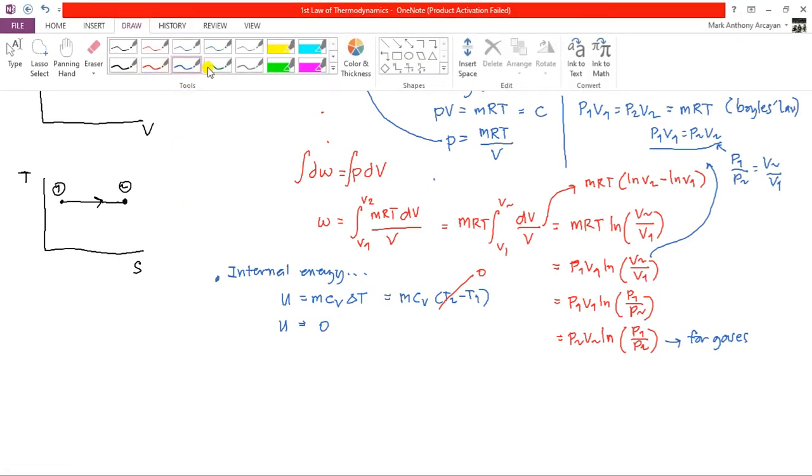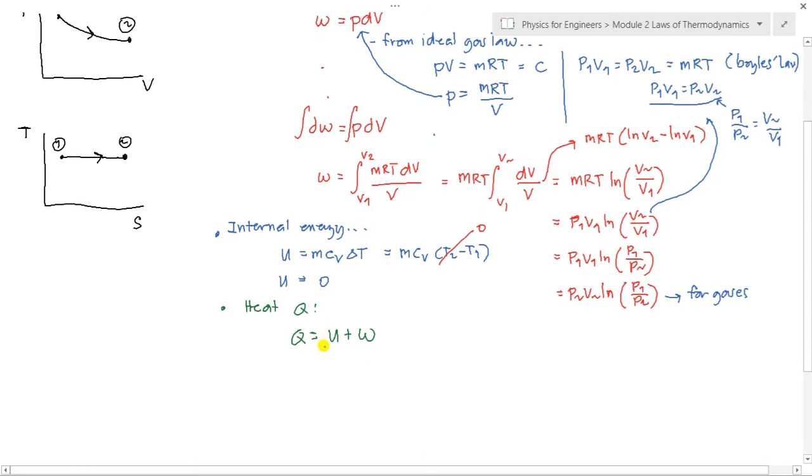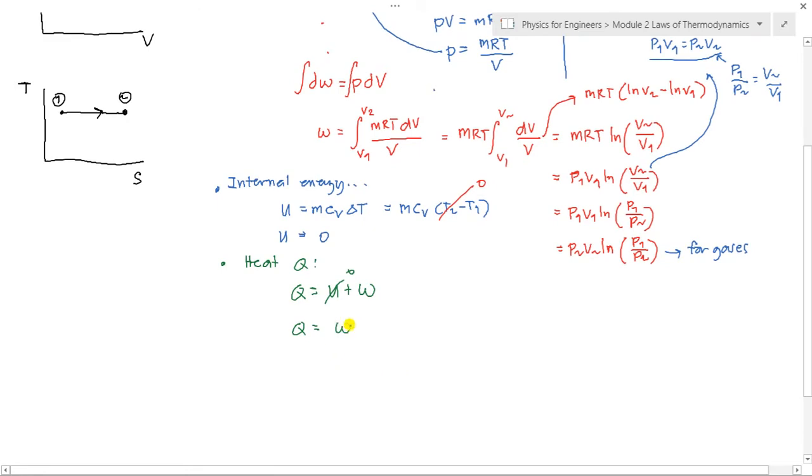Next, we go to heat, the heat energy or Q. Again, the basic formula from the first law is Q equals U plus the work. Since we all know that U is 0, therefore the heat lost or gained is just equal to the work.